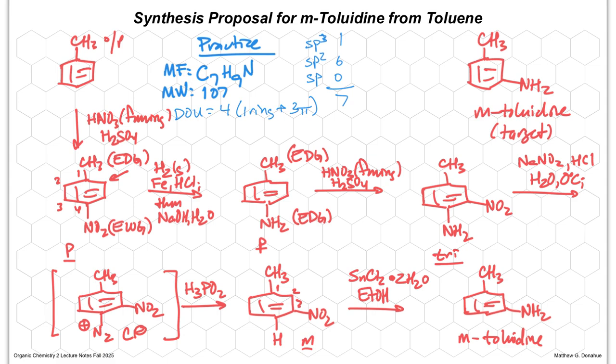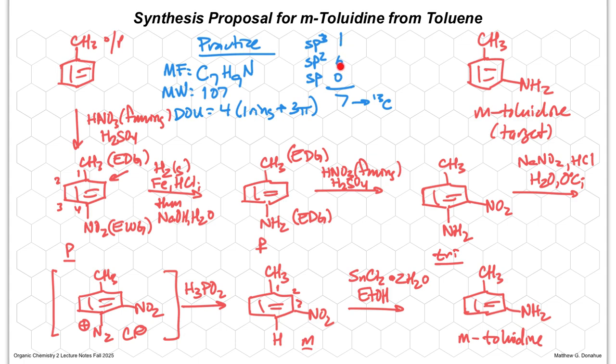So in the carbon NMR of this, how many signals would you expect to see then? 7. So every carbon is unique, so you'd expect to see 7 signals.